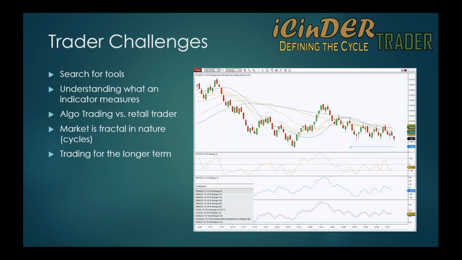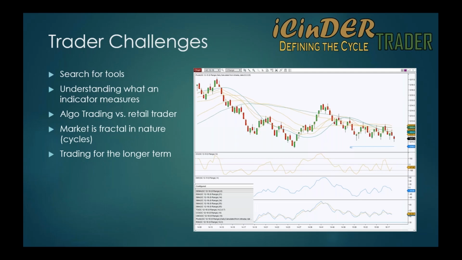In other words, you have movements in waves and so on. We see that there are cycles. So in searching for tools, we try to look for tools that will closely match the fractal nature of the market and visualize the cycles that are taking place.